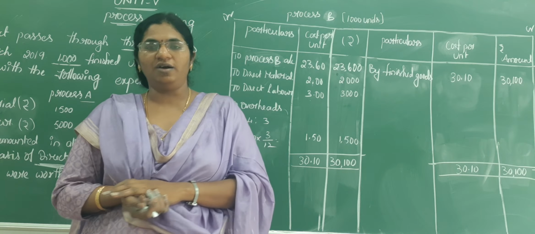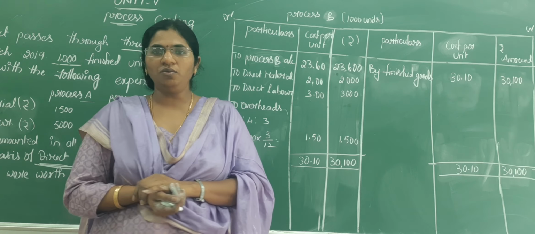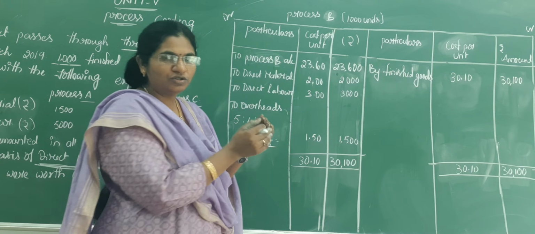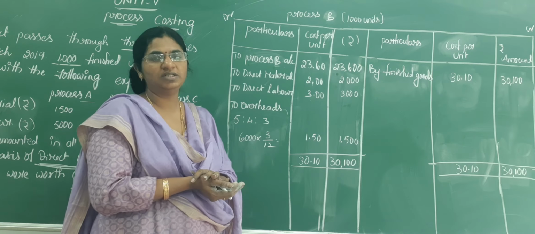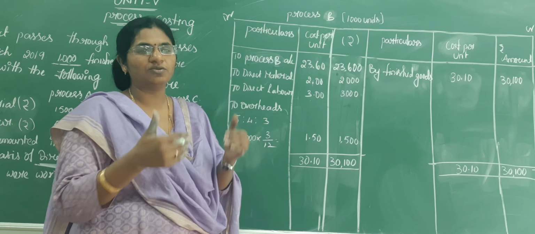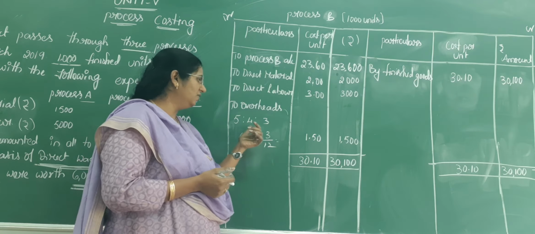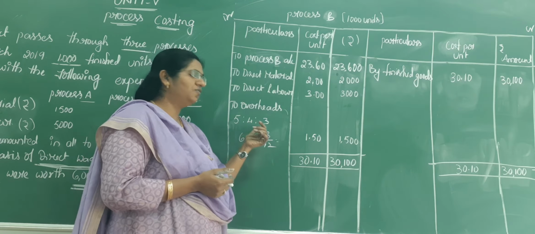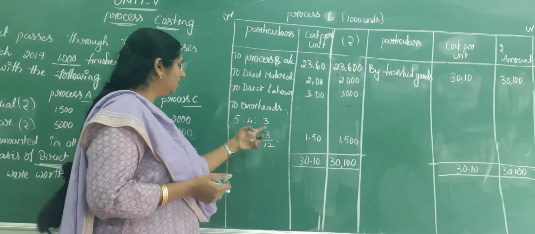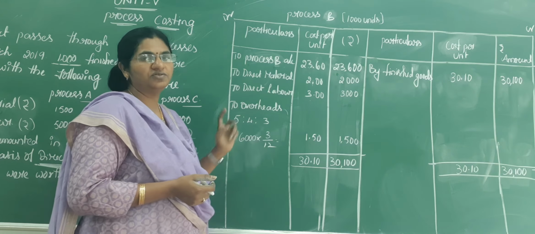Now come to the part of overheads. Overall overheads are 6000. We have allotted a portion to process A, and a portion to process B. Now it's the turn of process C. So 5:4:3, because wages are 5000, 4000, 3000, and the total is 12. What is the process C share? 3.